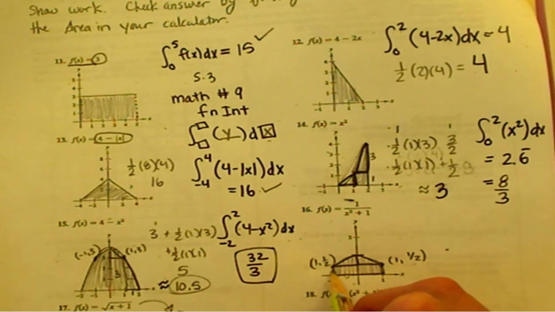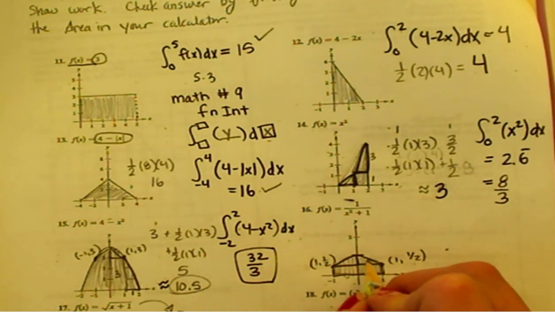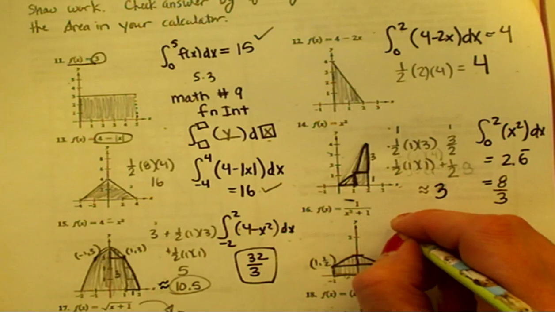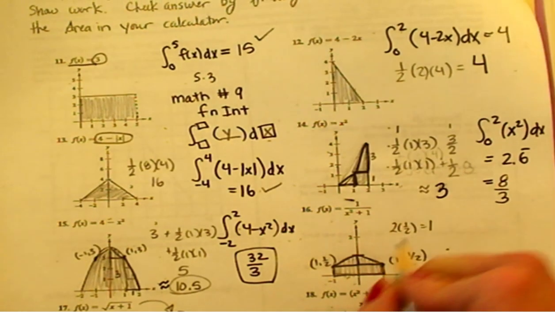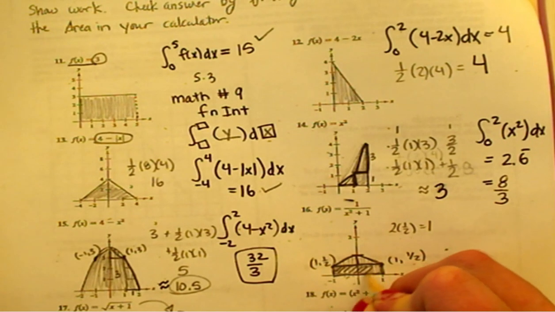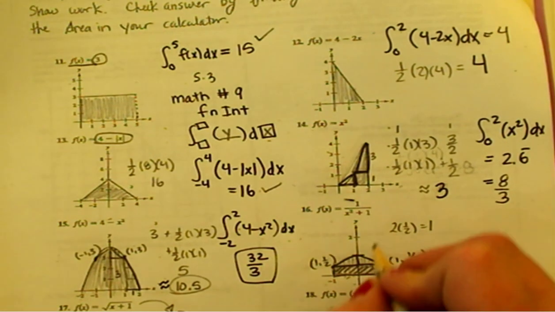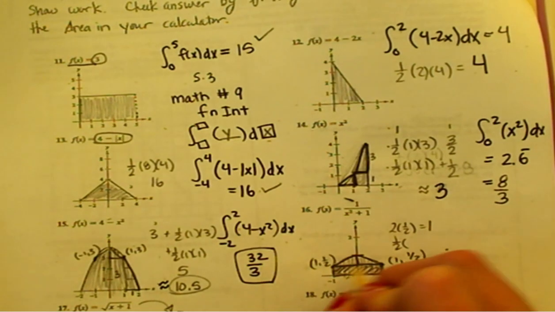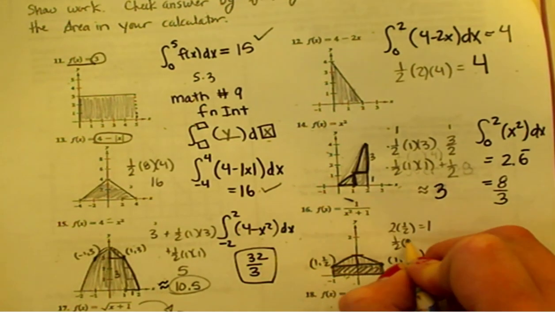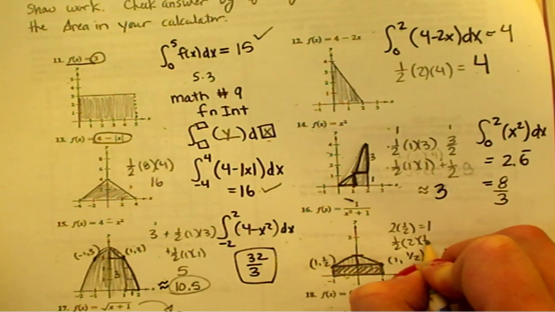Okay, so we have one big rectangle and two smaller triangles. So 2 times 1/2. So that gives me 1, okay, for this section right here. Okay, and then we've got 1/2 base times height.